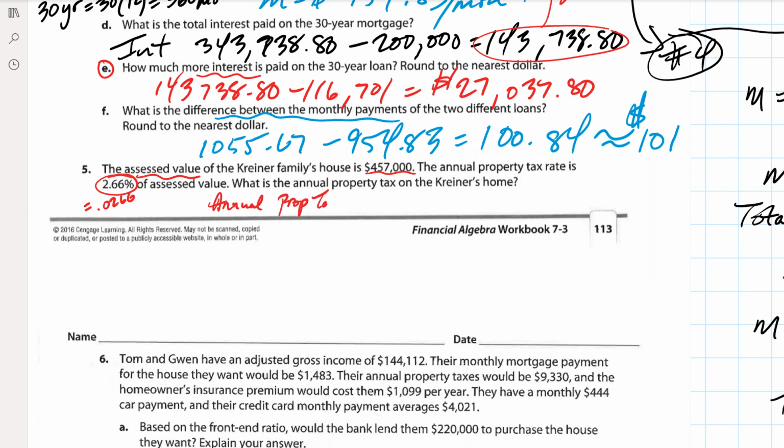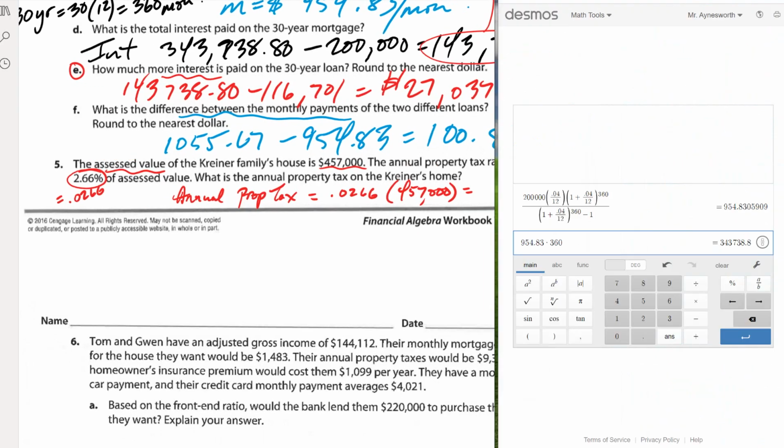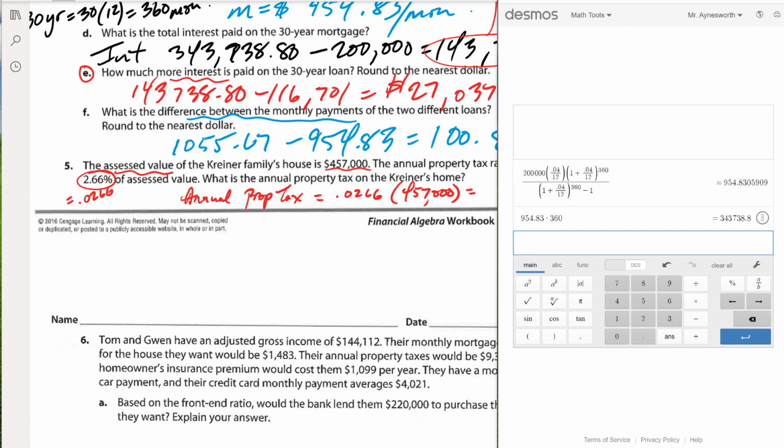Well, that's easy. You want to multiply the two. So 0.0266 times 457,000. You do that on decimals too. You just kick it in. You guys, the mathematics in this chapter is very basic. However, you just have to do the right thing and know basically what you do.